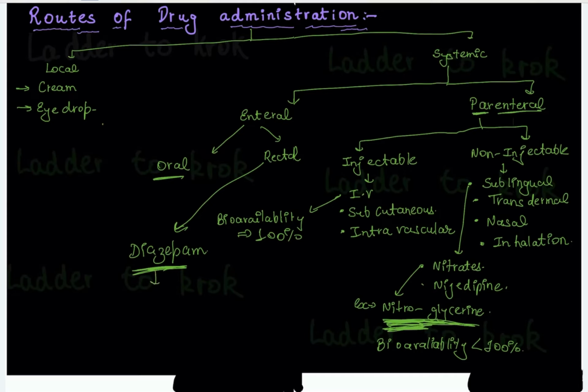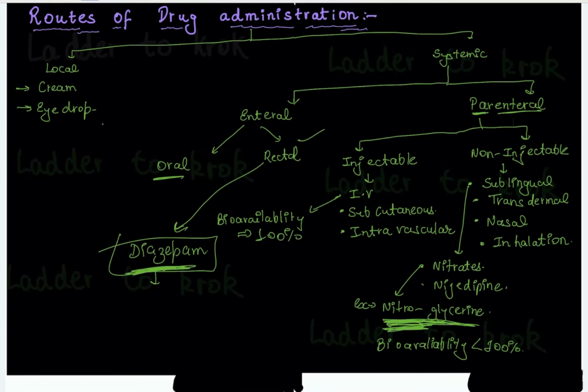Whenever you take any drug orally, our liver will destroy or excrete some portion of the drug, because for the body that drug is not a normal thing, it's a chemical. So those drugs we prefer to give rectally or by any other route, and that breakdown of the drug is known as first pass metabolism. So rectally we can give diazepam.